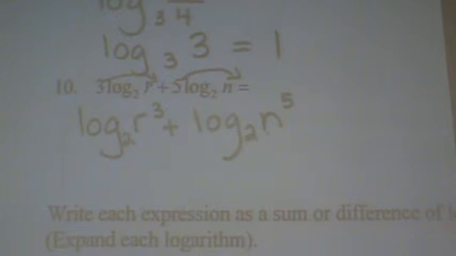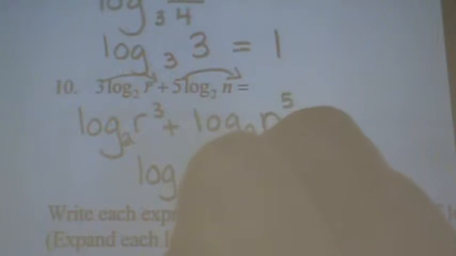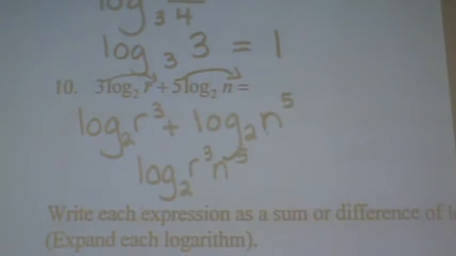And now, how do you condense this plus sign? Multiply. You multiply. So this would be the log of r cubed n to the 5th, all of it base 2.